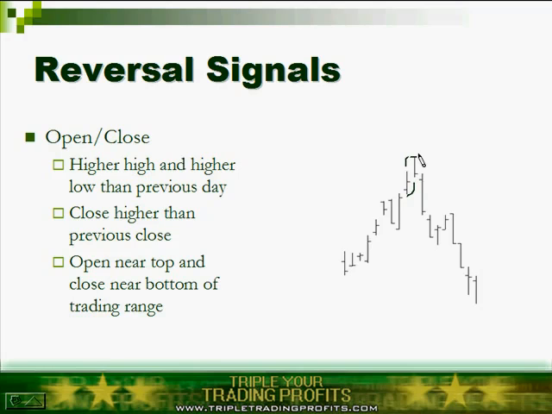Notice how the open is up near the top of the day's trading range, yet we've closed right down near the bottom of the day's trading range. So even though we've closed higher, we can start to see signs that, hang on, we opened all the way up here and we didn't close anywhere near it. Yes, we closed higher, but we closed right down the bottom of the day's trading range.